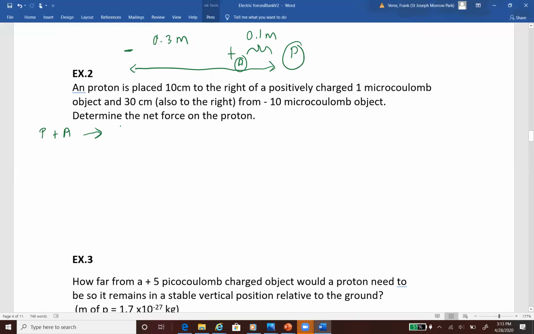The force in that case is the same equation as last time, K Q1 Q2 over r squared. So 9 times 10 to the 9, I'll leave the units out just to save a bit of space. Q1, let's say, is the proton. So the proton carries a fundamental charge of 1.6 times 10 to the negative 19 C.